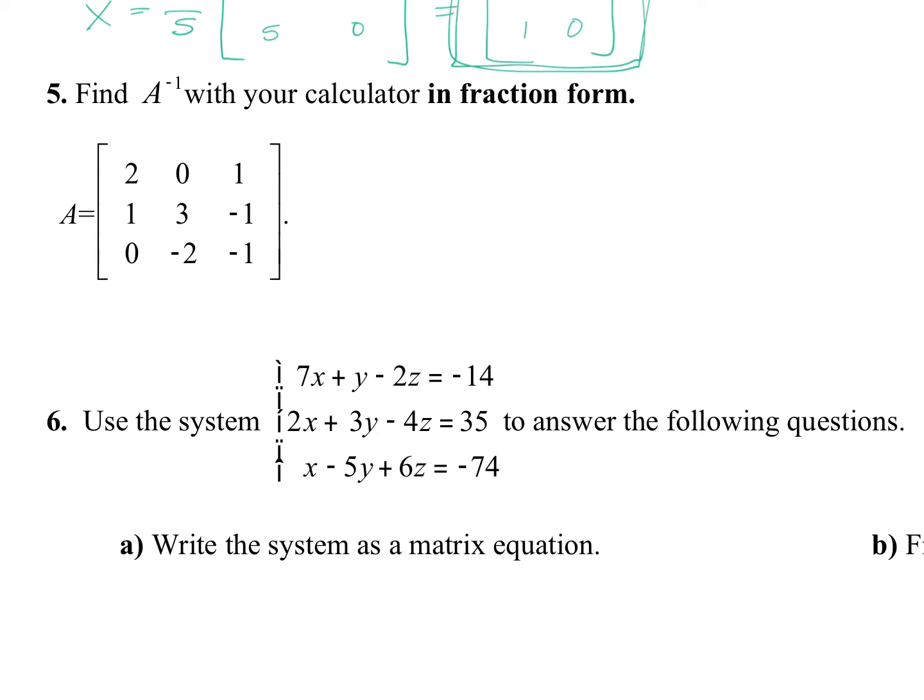I still have a 3x3 in there from the other day. If not, you're going to hit 3, enter, 3, enter, so that you get a 3x3 matrix. And now you're going to put those numbers in. So we have 2, enter, 0, enter, 1, enter, 1, enter, 3, enter, -1, enter, 0.